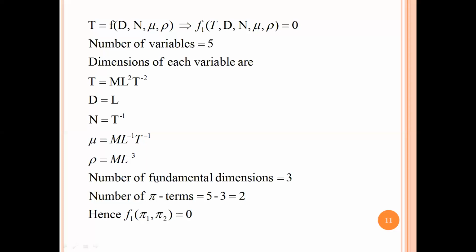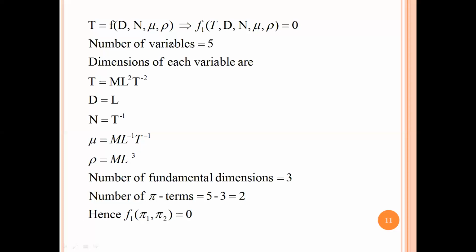Now here the number of fundamental dimensions. Now you can see I've got M, L and T, no other. So from my dimensions I can see my fundamental dimensions are only 3, that is M, L and T. Now suppose you have temperature, if you have one more, then it will become 4. But here by whatever parameters we have only 3 dimensions.